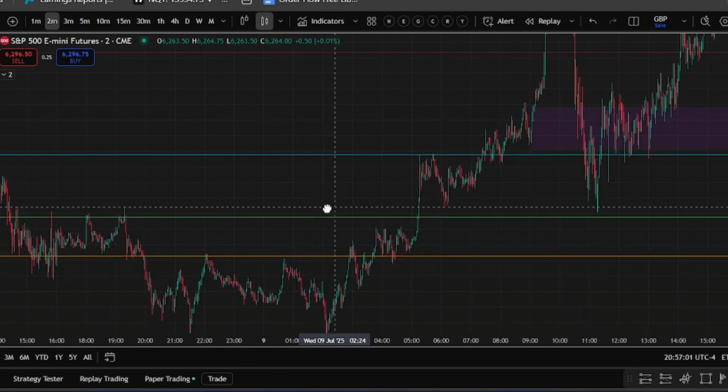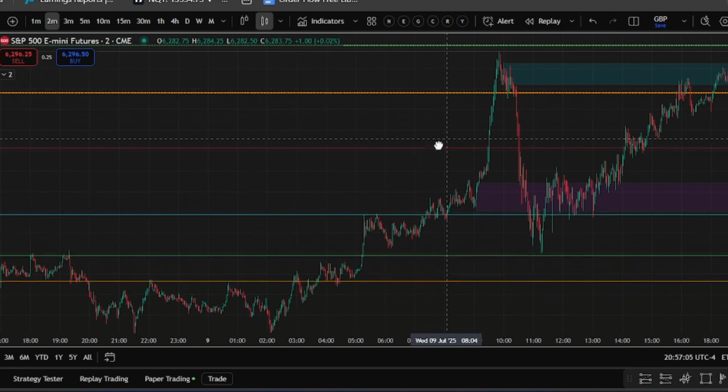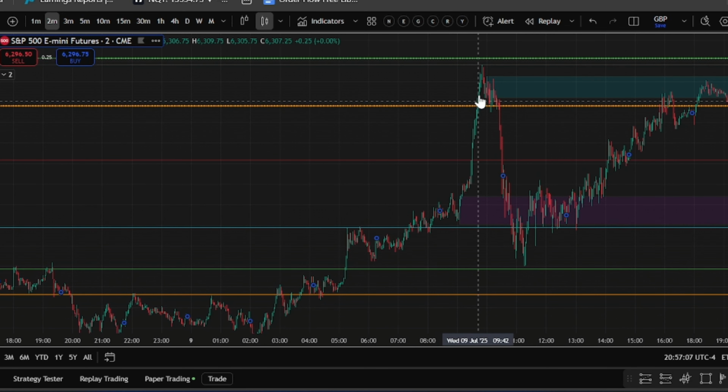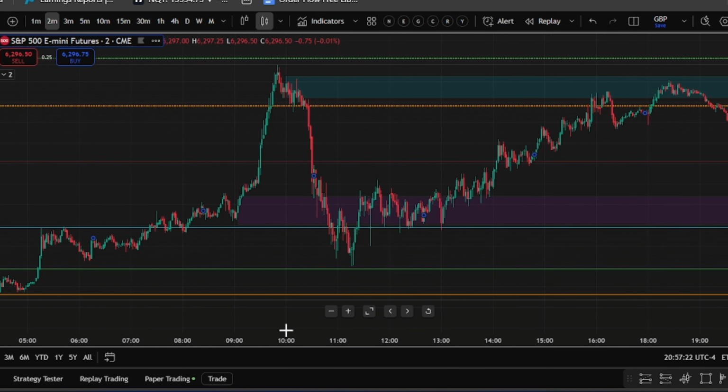Anyways, this zone was provided at 9 a.m. and you see the price just launched from the zone till this level and then rejected. And this blue zone was provided at 10 a.m., and then price dropped. I took a trade here today.